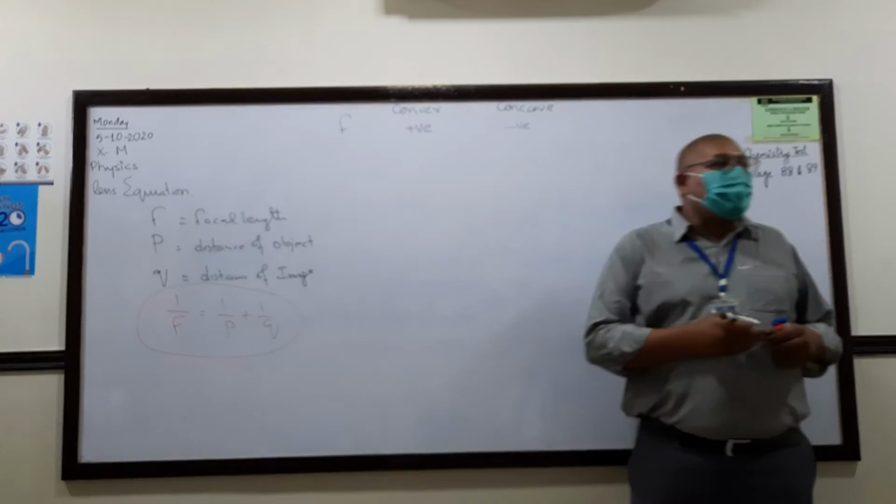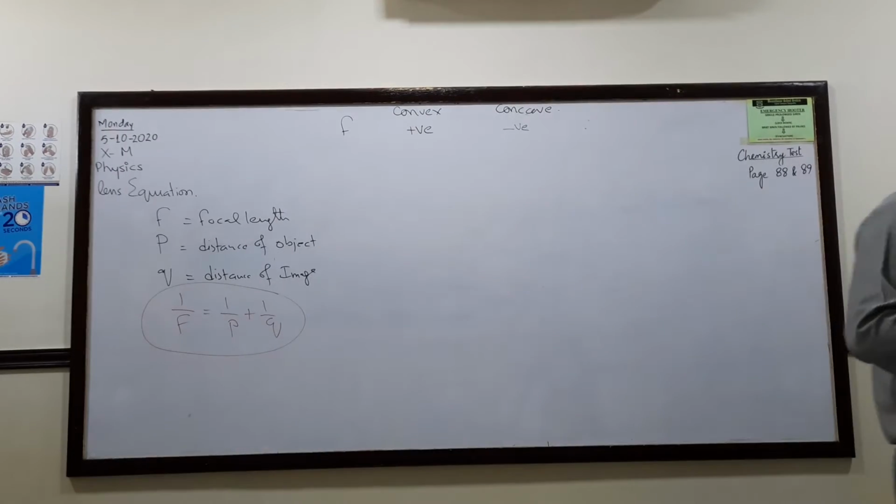This sign convention for the focal length is opposite to the sign convention which was used for the focal length in the spherical mirrors. Remember that, because some students confuse that. When I use the sign convention for the lens, for convex, the focal length will be positive, and for the concave lens, it will be negative.